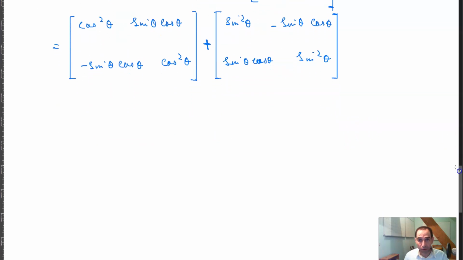And if you add the two together, what you will get is cos squared theta plus sine squared theta. So you have sine theta cos theta and negative sine theta cos theta.